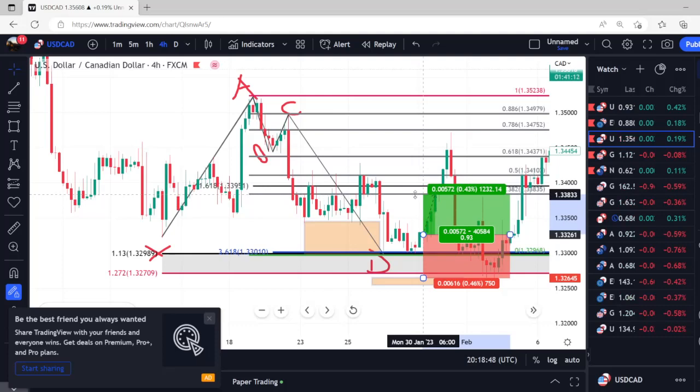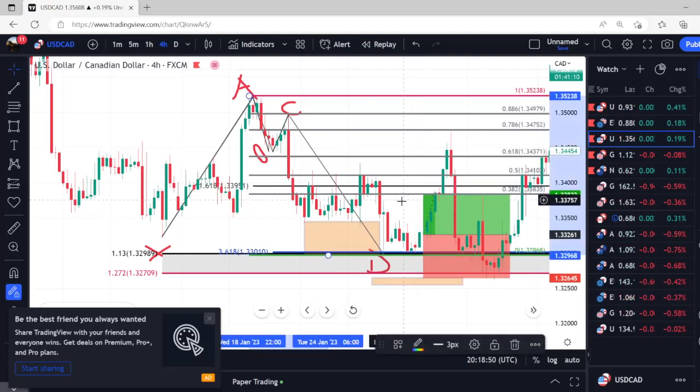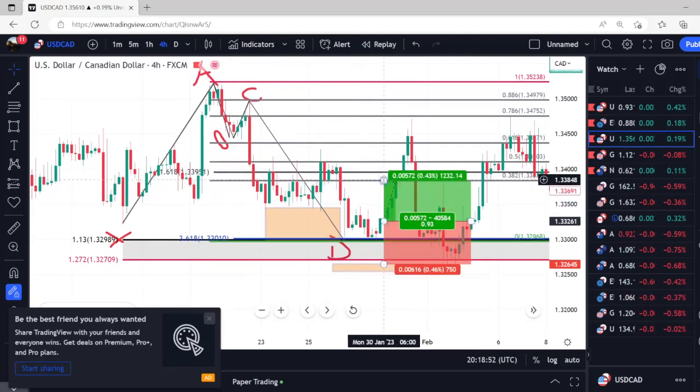That's where I take my first TP. And then once my first TP hits, I take my stop to break even. You can take a stop to break even, and then wait to see if the market will push up to your second TP at 0.618.